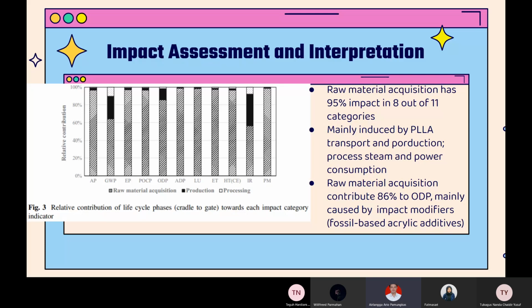In ozone depletion potential, raw material also contributes the most, that is 86%, and the cause of the impact is the impact modifiers made from PDLA, the fossil-based acrylic additives.